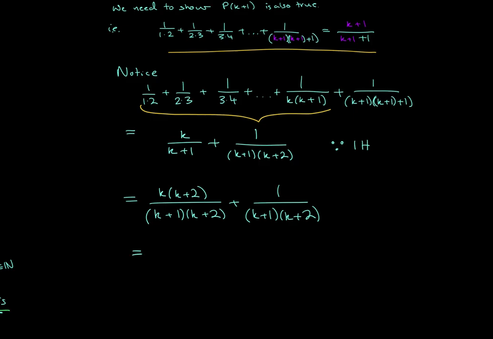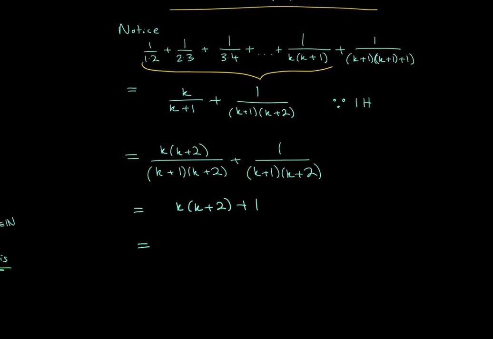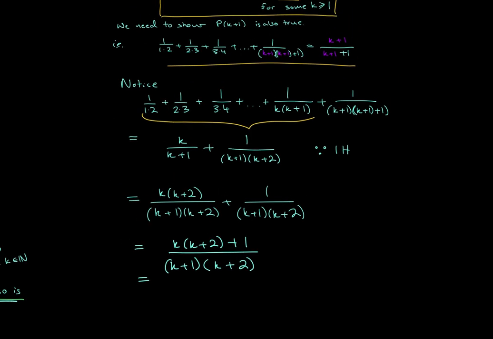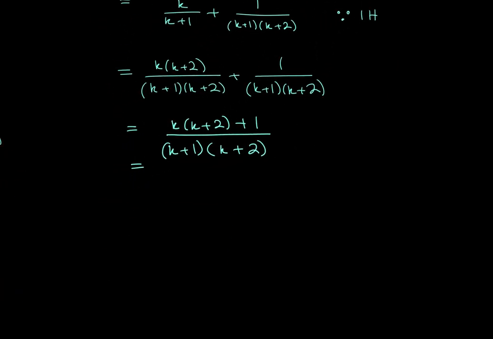So this is going to be equal to k times k plus 2 plus 1, all divided by k plus 1 times k plus 2. And let's see. Oh, wow. Look at how beautiful this is, you guys.